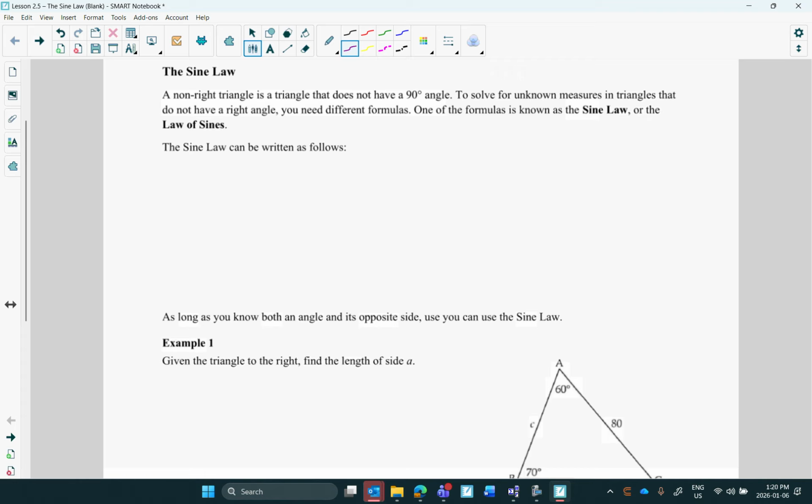So the sine law formula is one side over the sine of its opposite angle in a non-right triangle will equal another side over the sine of its angle opposite, which will also equal the third side over the sine of its angle opposite.